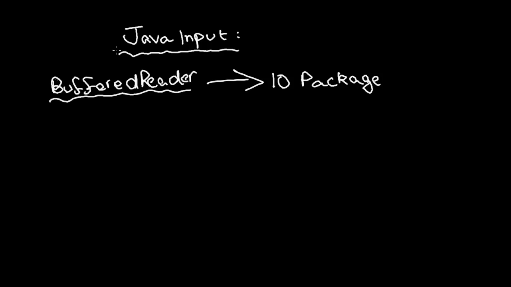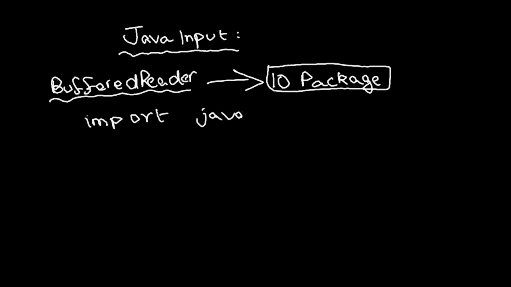So in Java it's a little different. You don't have to pay any money. You just have to inform or notify the, well, in this case the IO package, kind of like. So that's why you say import java dot io dot star.